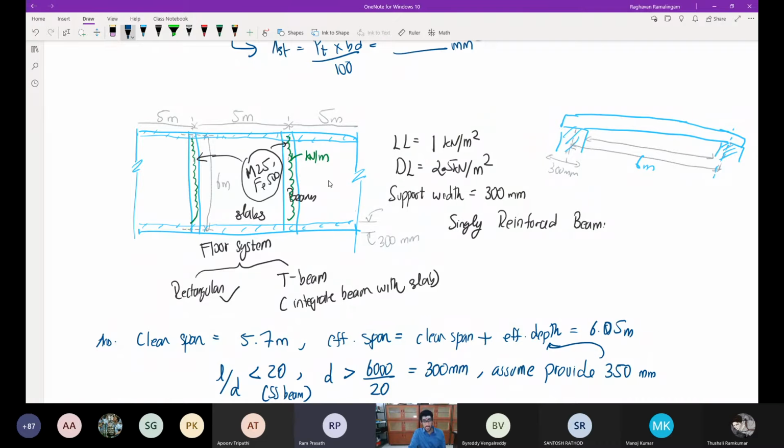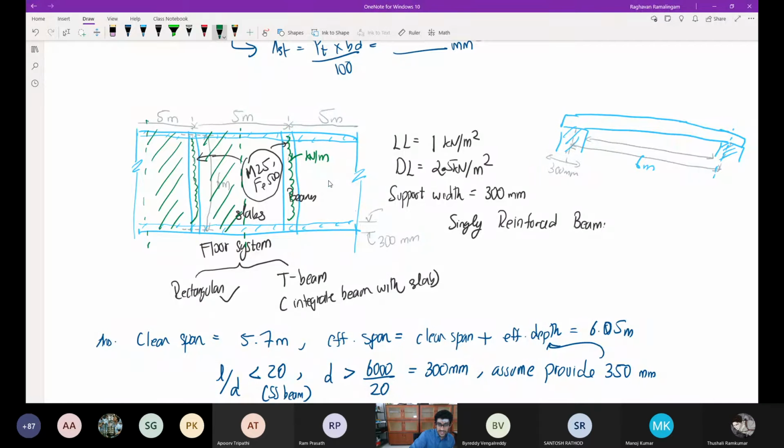Not 10. Okay, so what we assume is, if you have this beam, and if I want to find it for this beam, I'll take from the middle of this portion to the middle of this portion. Whatever load comes on this part comes onto this beam.